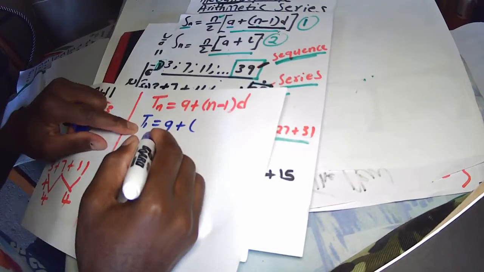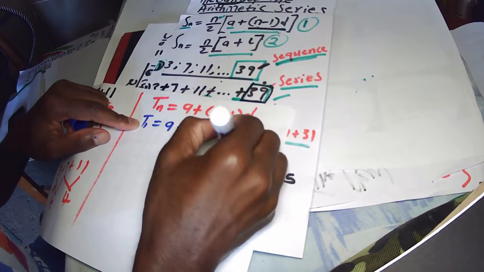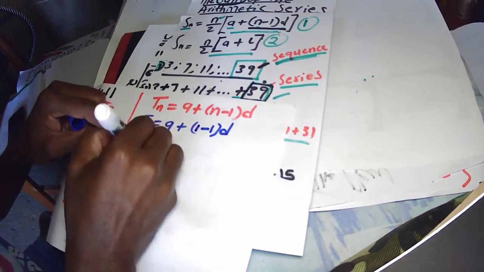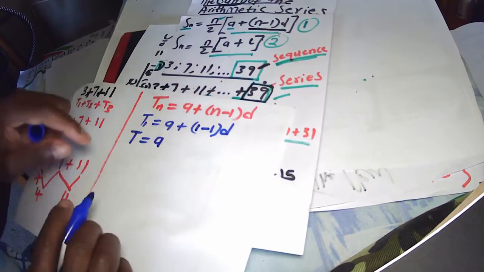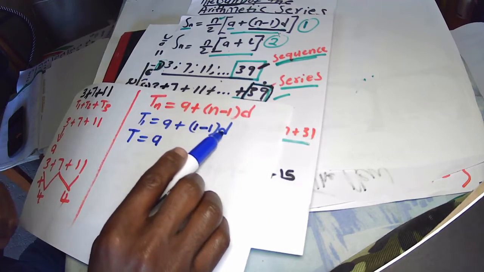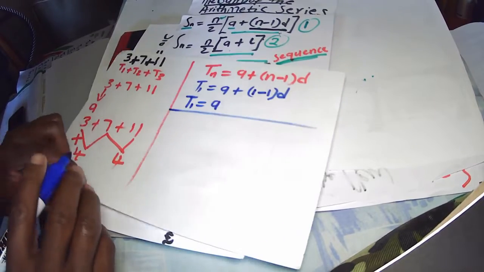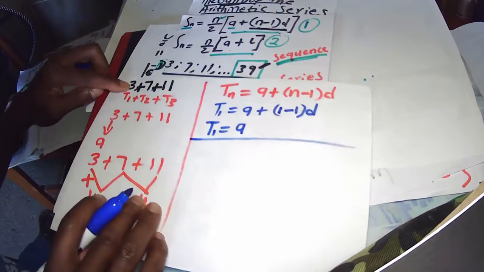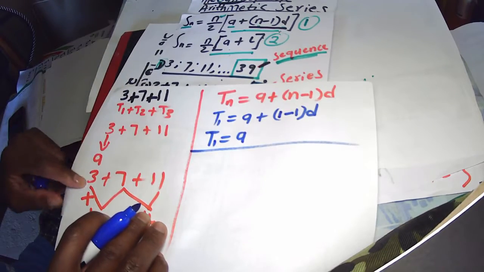When I put T1, I need to put 1 as well, minus 1, d. So T1 as a result, I'm going to get A, because 1 subtract 1 is 0, times d is 0. So T1 is the same as A, which is 3.